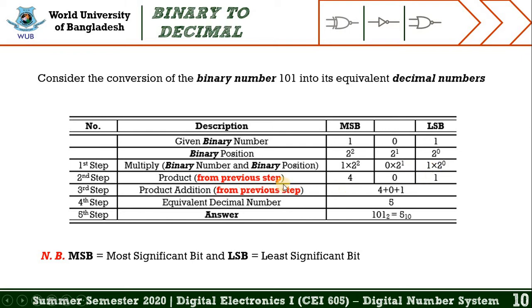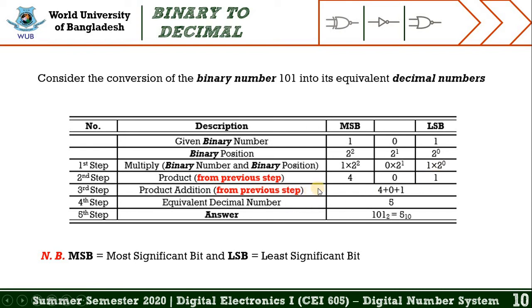The next row represents the products from the previous row, so we get 4, 0, and 1.